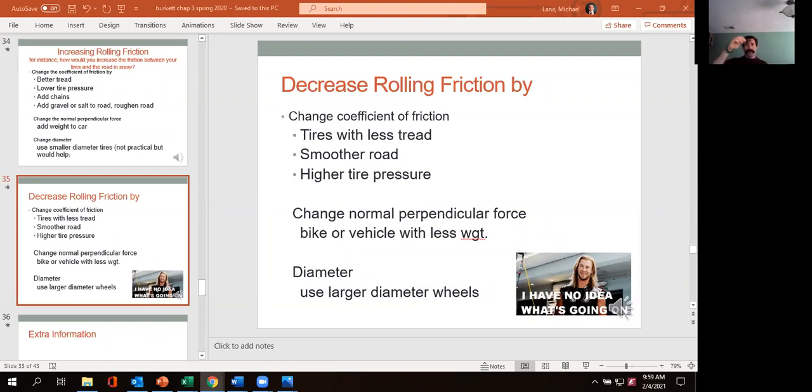If I do the same thing with a rubber band, the coefficient of friction is different. Notice I've got to go a little further before it slides off. And I feel like it'd be kind of entertaining if I could get the cat to stand on it and see how that goes. No, I'm kidding. But that's what we're looking at with the coefficient of friction, the normal force, and how it changes with angles.